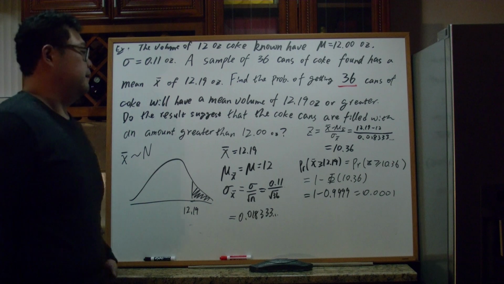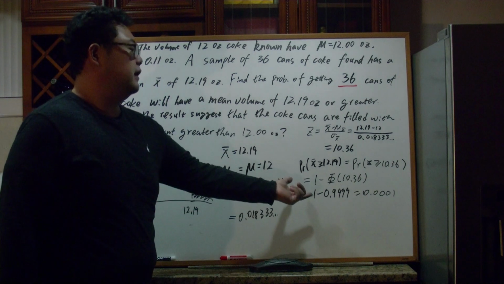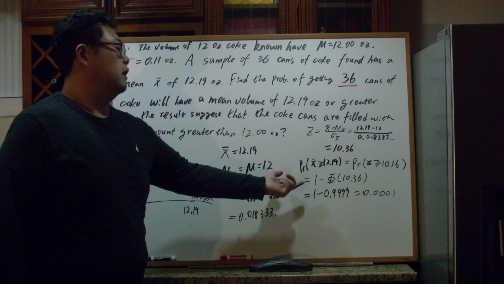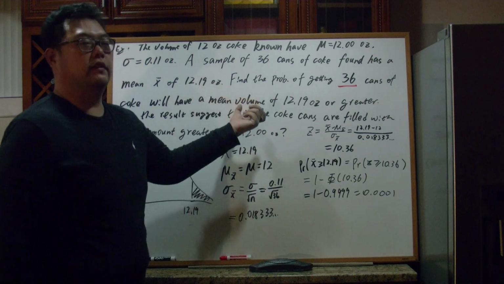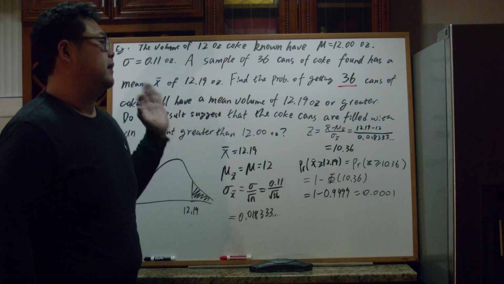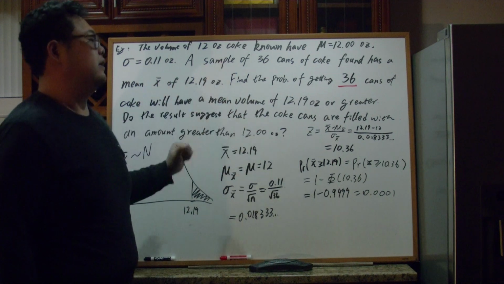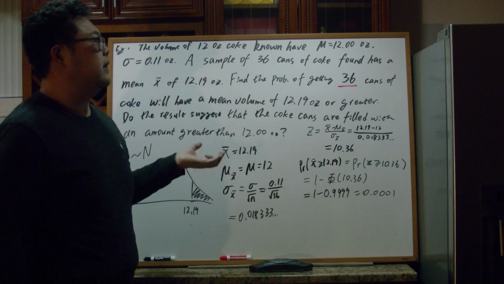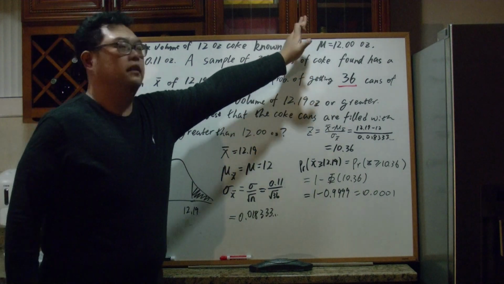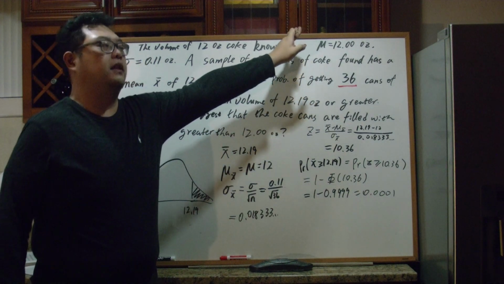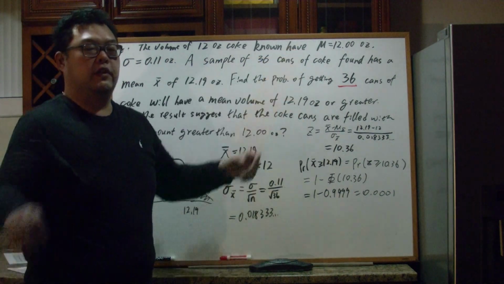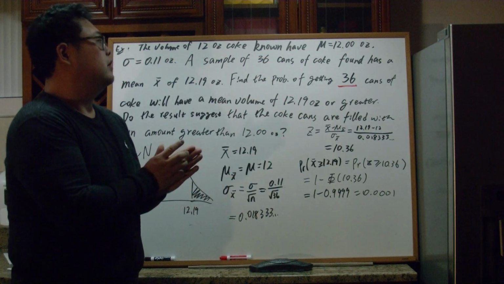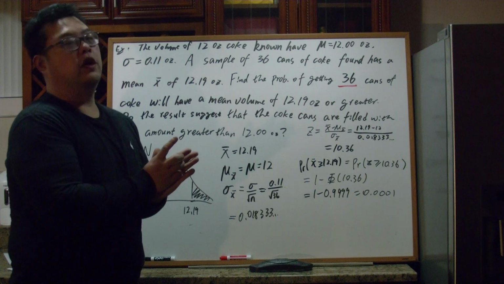Then, if getting the sample is nothing wrong with it, the sample is random enough to get those 36 cans, the only thing that can be making a mistake is the population mean, which means the machine filling may no longer be 12 ounces.